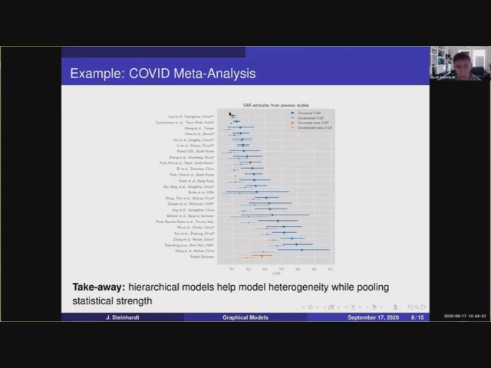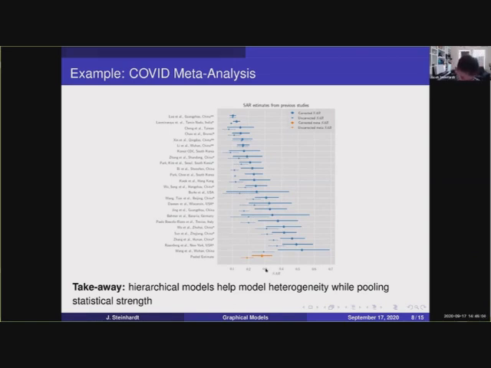So the solid lines are the posterior distribution over pi for each individual study. And then the orange thing is the posterior distribution over the average value of pi, so basically over the mean of the beta distribution.